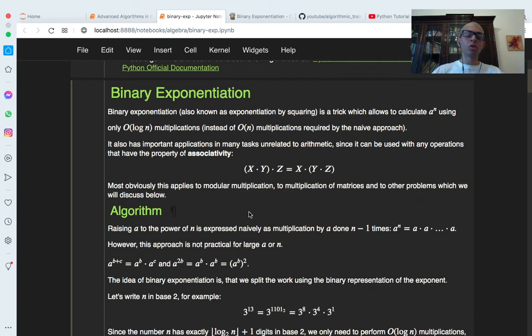You can also learn about them, but mostly O of n and O of log n describe the time it needs to be executed. When we say O of n, this naive approach needs n executions of the instruction: multiply a, n times.